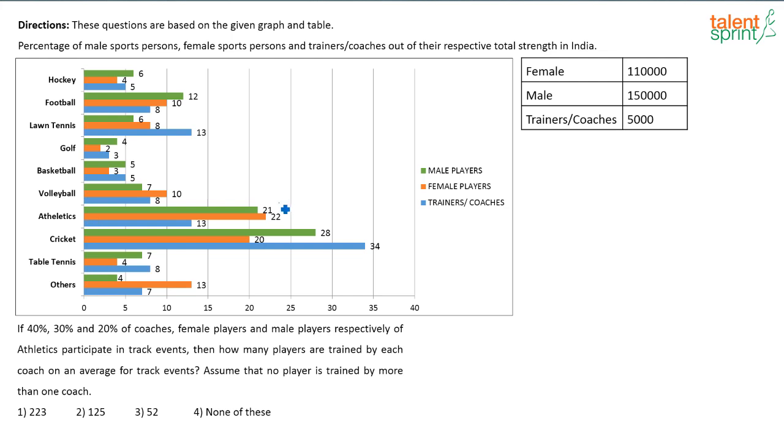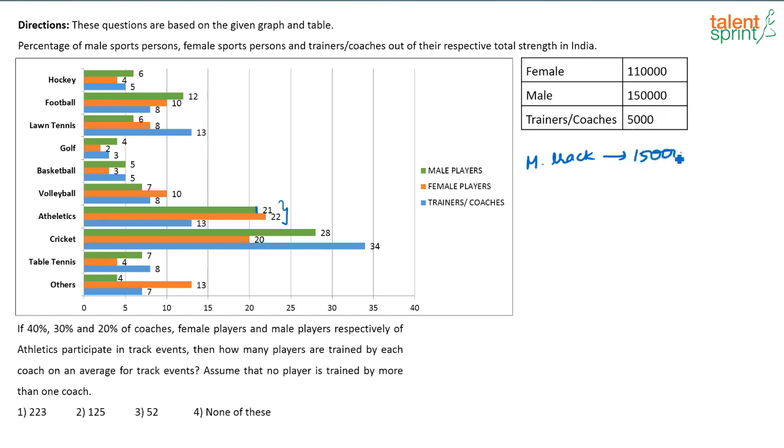Athletics is this one, right? So what is asked here? So how many male players are participating in track events? See, if you look at male players, 21% are male players. So this is the total number of male players that are there.